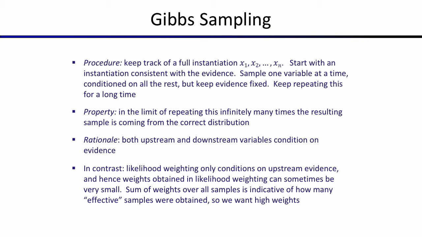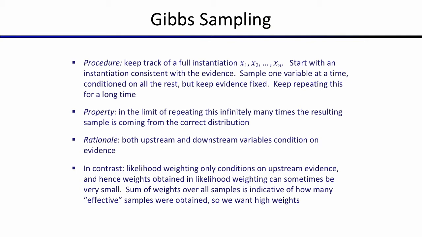This long time is quite imprecise, and we're going to see later that it is related to the mixing concept for Markov chains. There is a property that if we keep repeating this process, the resulting sample will be coming from the correct distribution. We're going to see this later, but this corresponds to the idea of the stationary distribution for Markov chains.